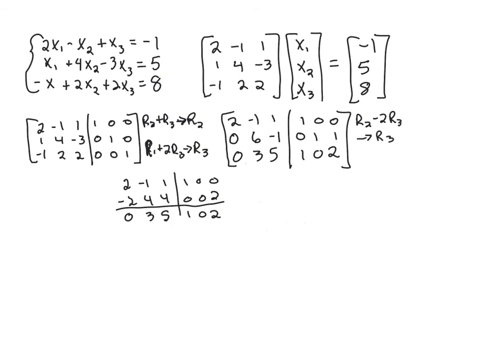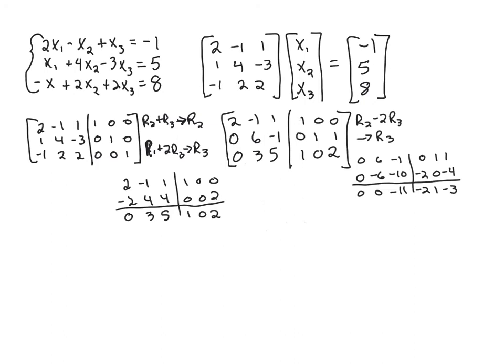And I'm going to write down my busy work here. Row 2 stays the same. Negative 2 times row 3 gives me minus 6, minus 10, minus 2, 0, minus 4. Combine, 0, 0, negative 11, negative 2, 1, negative 3.